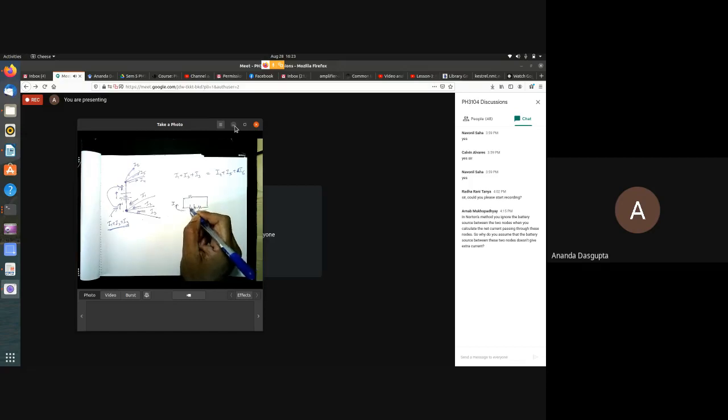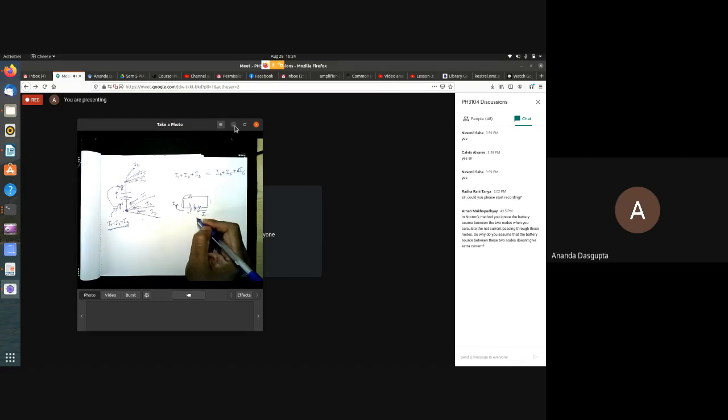So what the battery does is push those positive charges along the wire. It comes all the way back down here, but by the time it has come back to the negative end, the positive charge has lost all its energy. So it cannot make its way back to the positive end unless the battery does something. The battery produces the energy which makes it go from the negative end to the positive end.